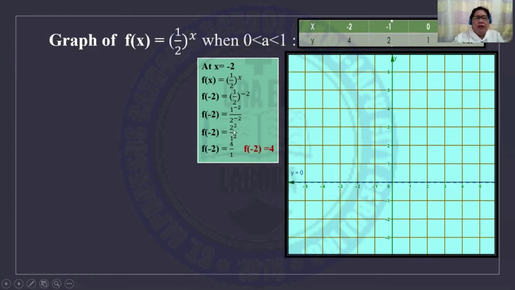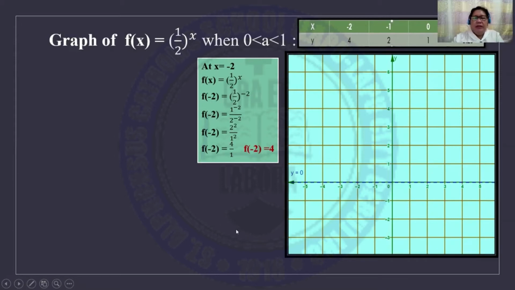So you will have now 2 squared, so the -2 becomes positive 2, and 1 squared. Then simplify, 2 squared is 4, 1 squared is 1. So f of -2 is equal to 4, or y is equal to 4. That is why we have y is equal to 4 when x is -2.